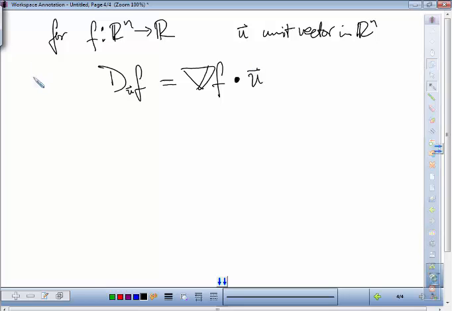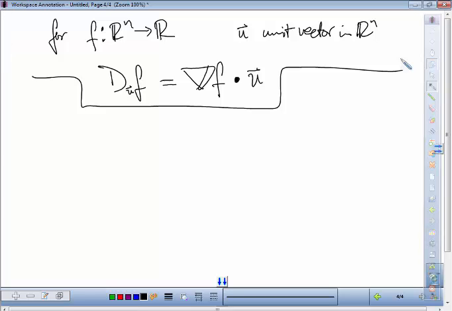So this becomes a universal formula for us, regardless of how many dimensions our domain is in, regardless of how many independent variables we have. We just take partials with respect to each of those variables and then assume that your u, the direction you're moving in, is going to be the same dimension. So with that in mind, we should be able to easily do another problem that has higher dimensions.